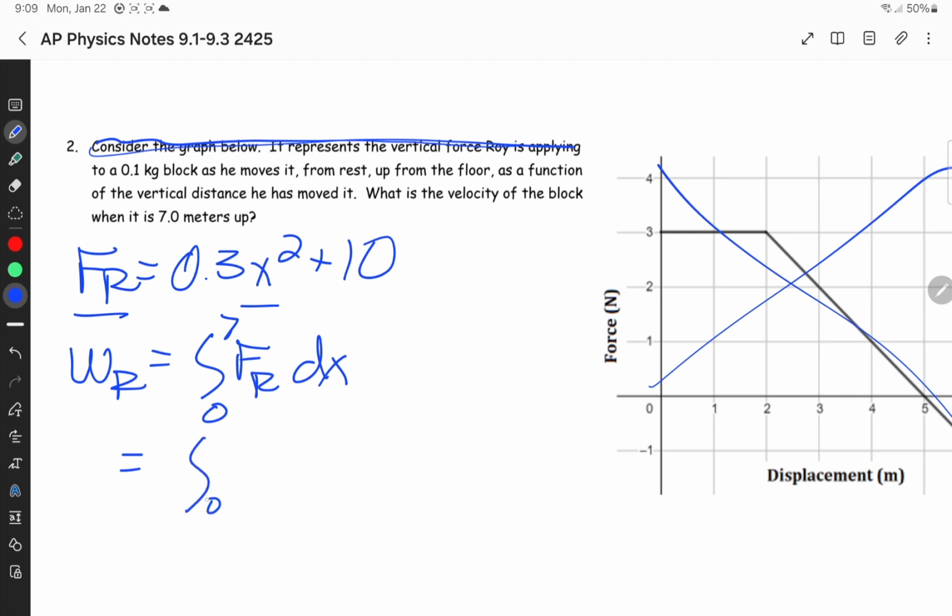So you'd take the integral from 0 to 7 of 0.3. Oh, I'm sorry. I wanted this to be 0.03, x squared plus 10 dx.